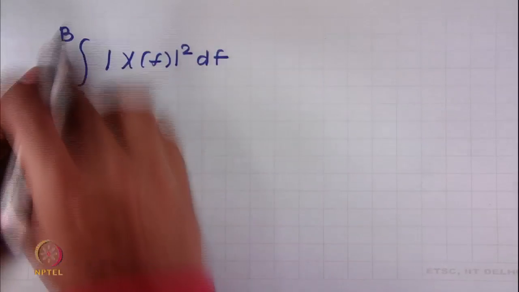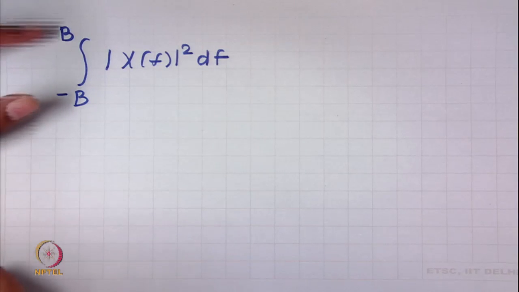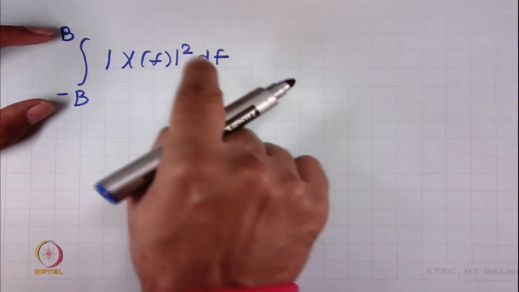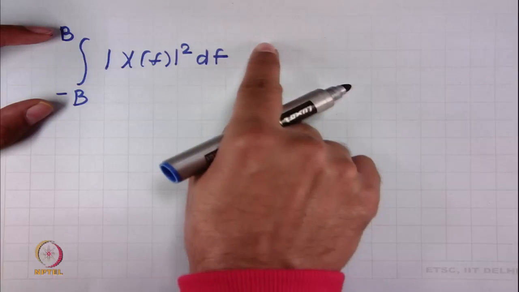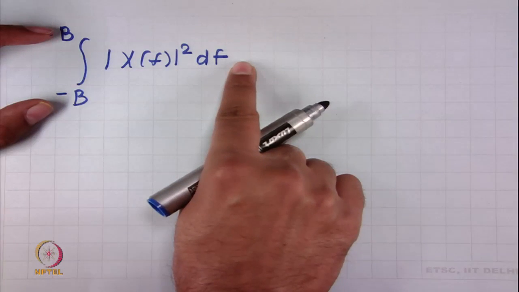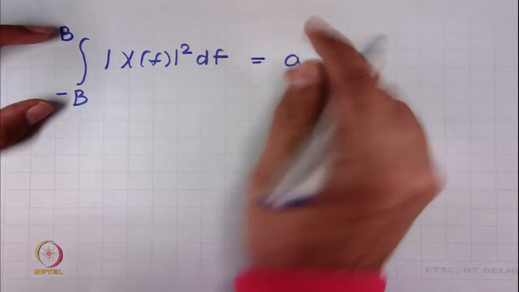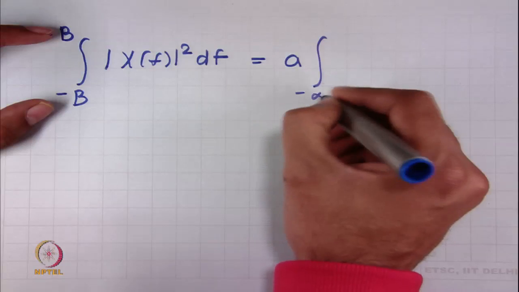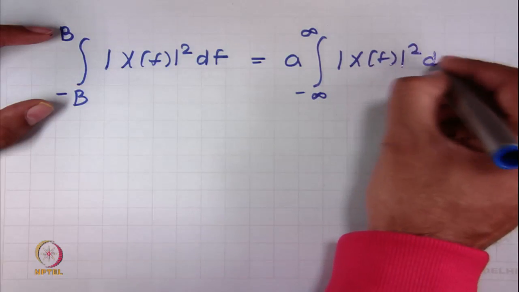Where the energy contained in the total support of 2B, that means if I carry out this integration between minus B to plus B, I get certain energy, and this energy should be some fraction times the total energy, and the total energy can be obtained like this.